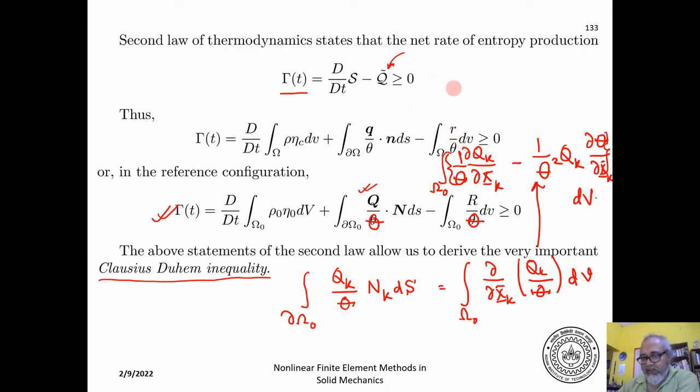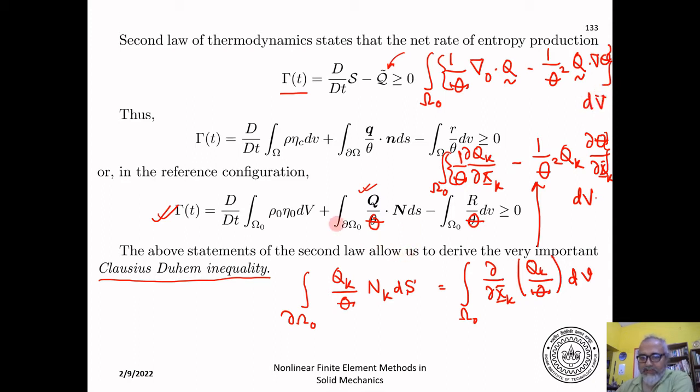So if you write it in vector notation, this would be over omega naught 1 by theta divergence of q minus 1 by theta squared q dot gradient of theta.